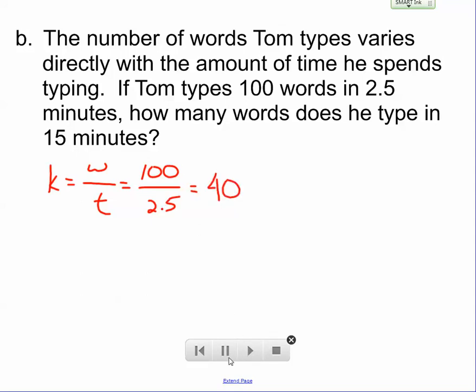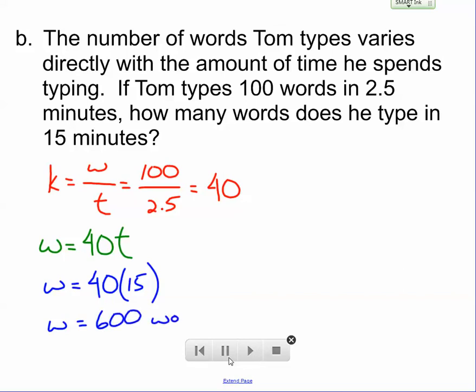That would be 40 words per minute. So the number of words he types is equal to 40 words per minute. Then we want to know how many he's going to type in 15 minutes, so we'll plug 15 into that equation we just made. 40 times 15 is 600 words. So in 15 minutes, he'll type 600 words.